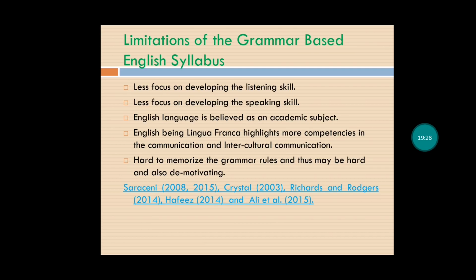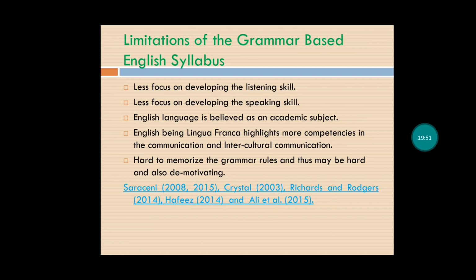Limitations of grammar-based syllabuses. Let's focus on developing listening and speaking skills. These two skills come first when we are placed on the earth. We develop listening first and then speaking, and then the more advanced reading and writing skills come.